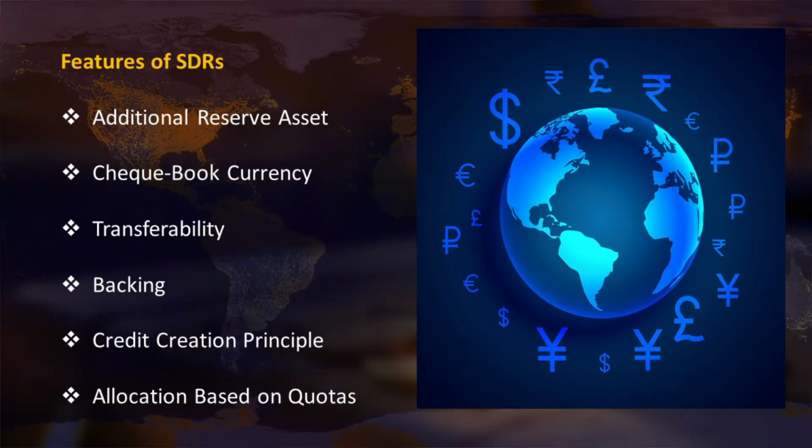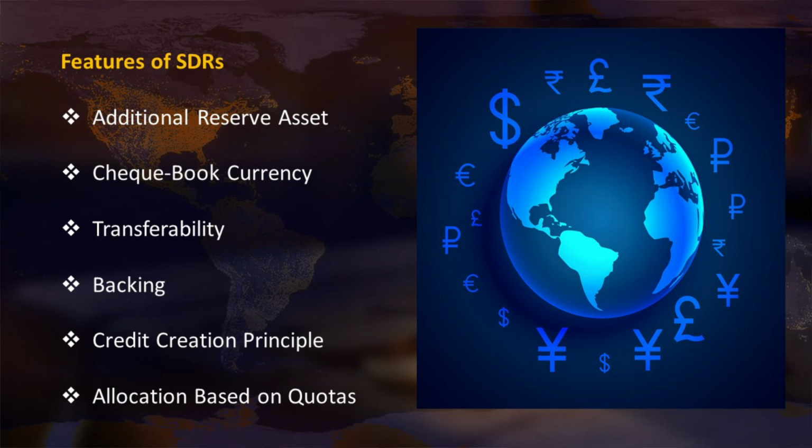As I have already explained, SDR acts as a supplementary international reserve, complementing traditional reserves like gold and major currencies. If there is some kind of international liquidity crisis, or a lack of gold, then the countries can use their quota of Special Drawing Rights.